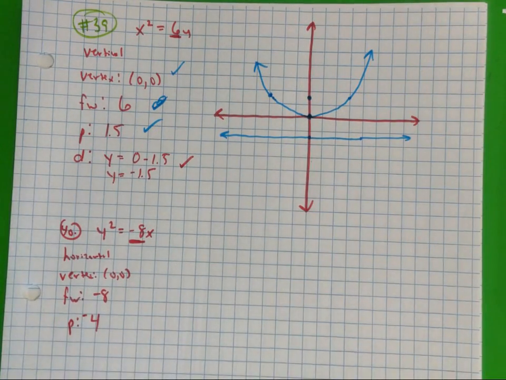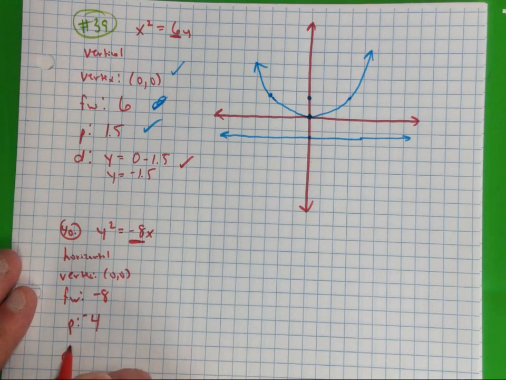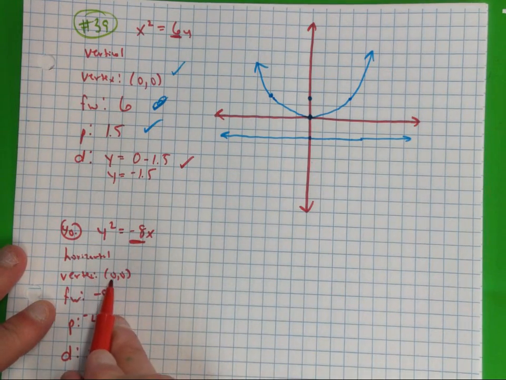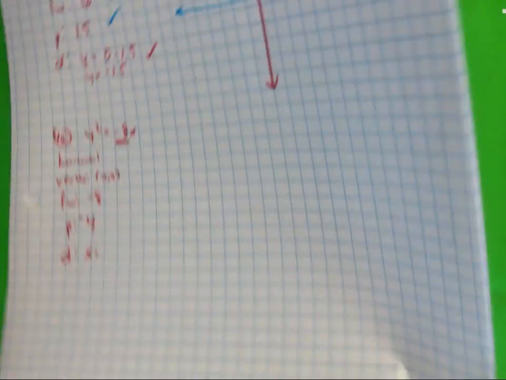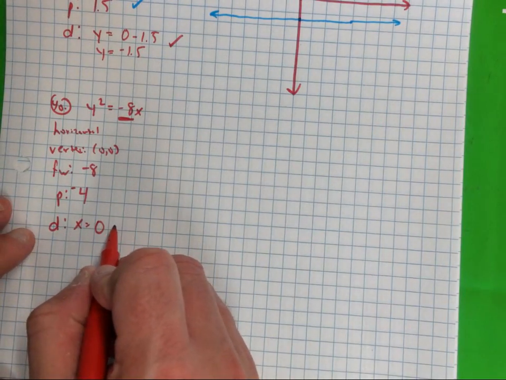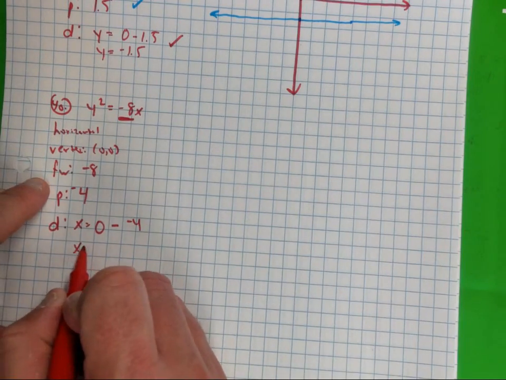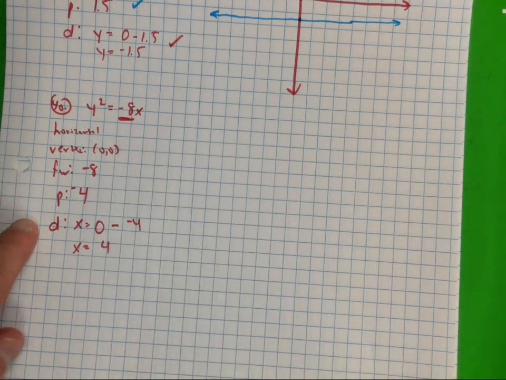Put negative 2. Now find the directrix. I started with y here, so I'm going to start with x here. You take your x coordinate in your vertex, 0, minus your p-value, negative 2. X equals 2.